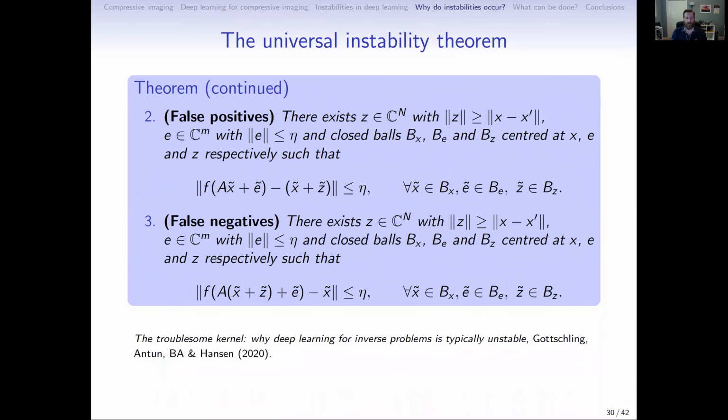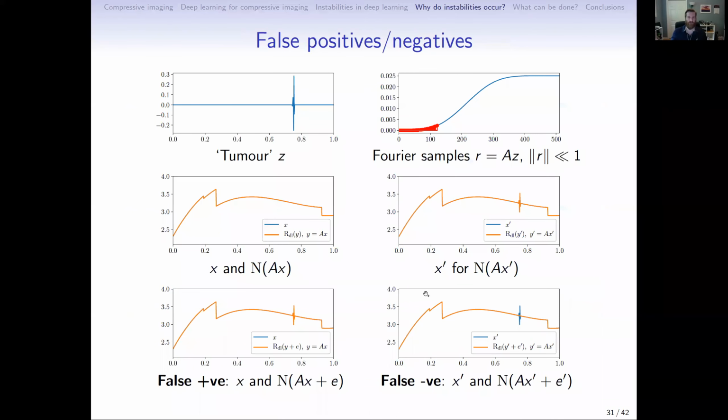There are also two other consequences of this theorem, which are that under the same conditions, you can also get both false positives and false negatives. I'm not going to worry about the technical statements here, and I'm just going to show an experiment of these. This is also in the paper. So here are the two images.